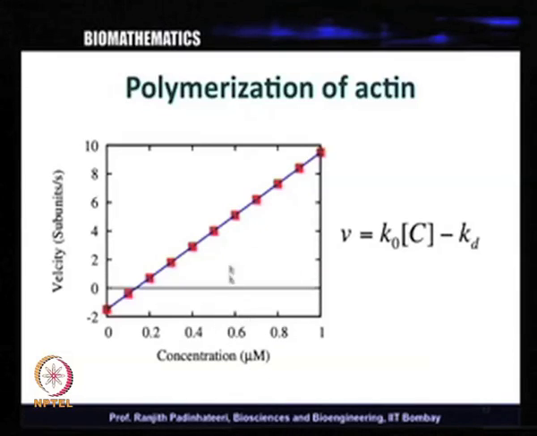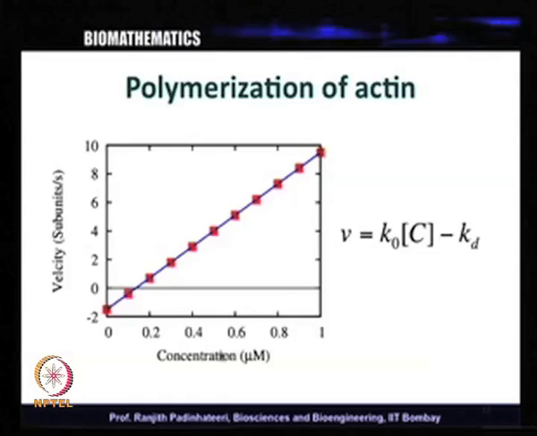This is the typical range with which one can do experiments on actin monomer growth, actin polymerization. So, and then you can look at the velocity. So, velocity is plotted here in subunit per second. How many subunits grew per second? In other words, monomer per second I should say.